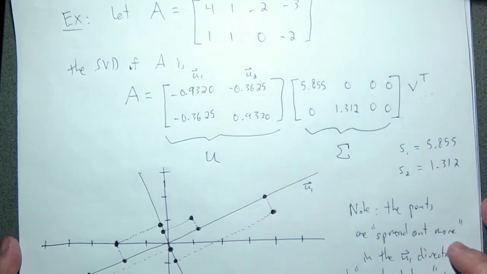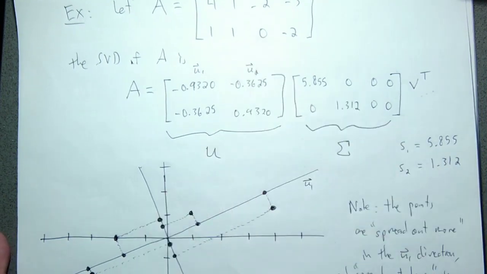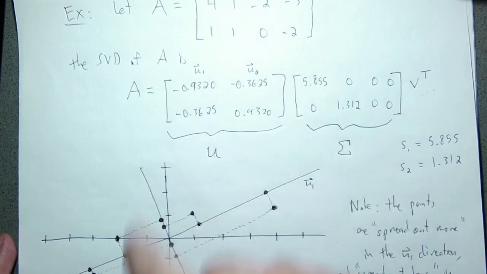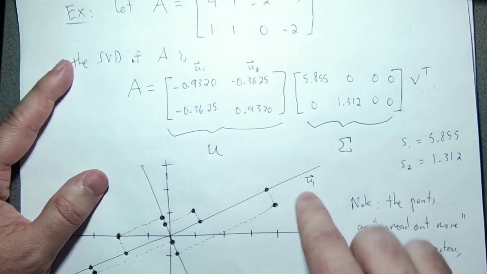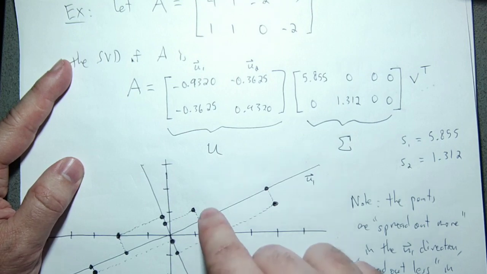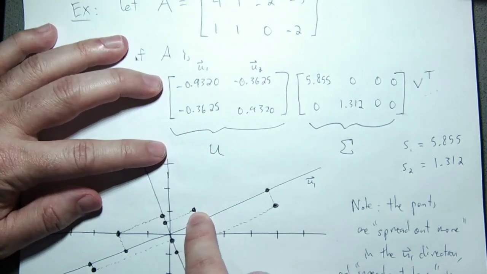Then we took this matrix U and plotted the vectors U sub 1 and U sub 2 here. These are the subspaces corresponding to my U sub 1 and U sub 2 axes. The points in question, which I began with, my data points, were as follows.